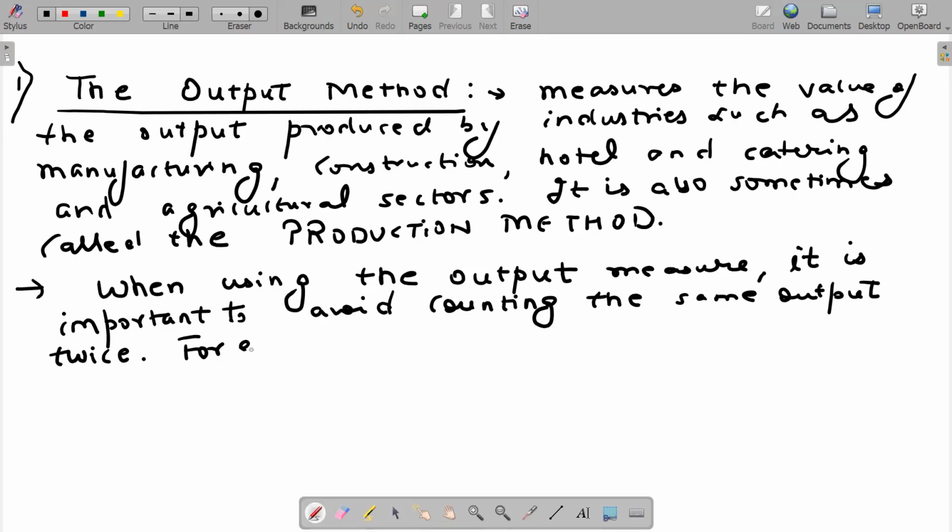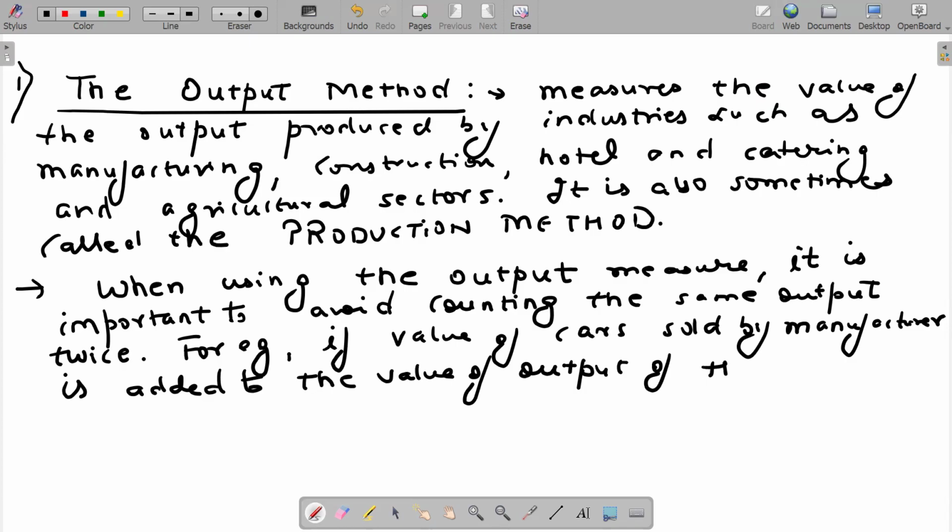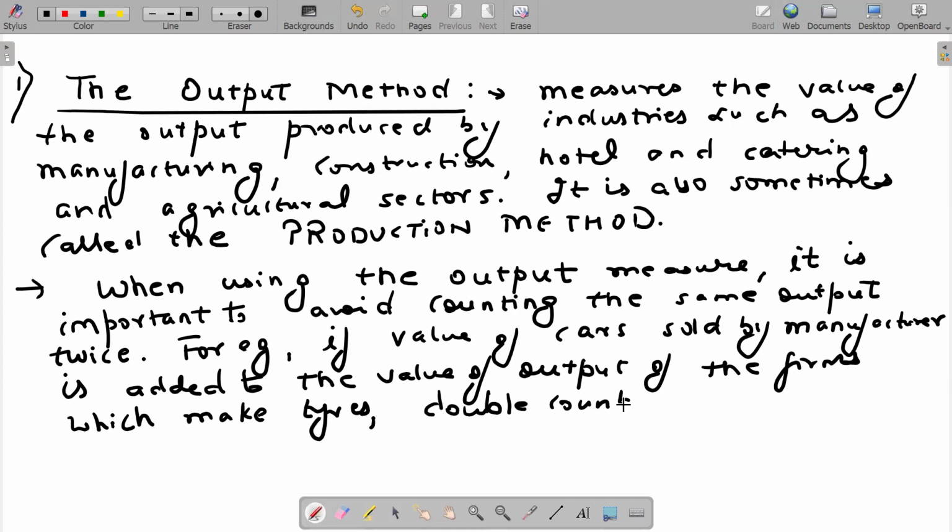For example, if the value of cars sold by the manufacturers is added to the value of output of the firms which make tires, double counting will occur, because the value of the tires is automatically included in the final value of the car.